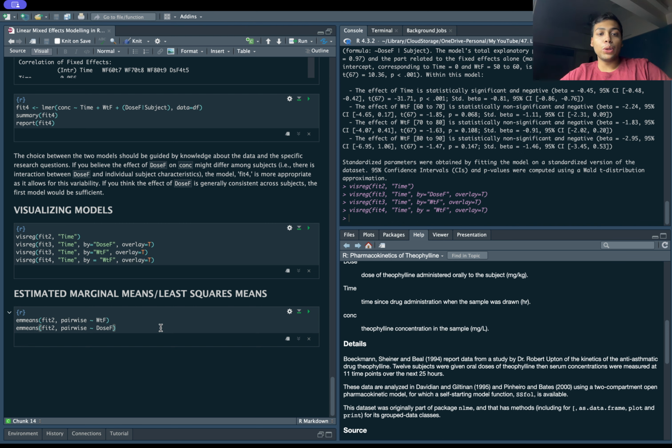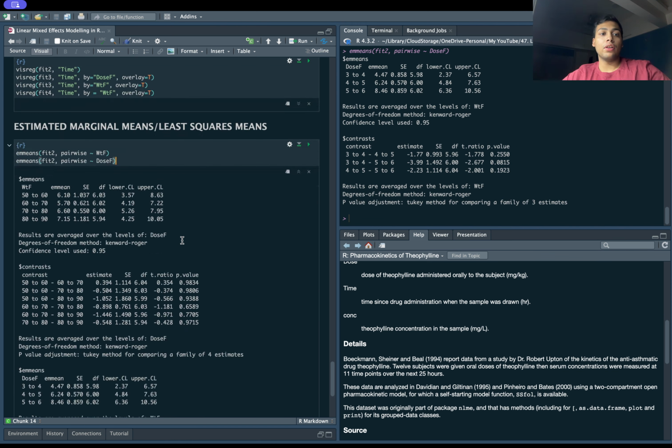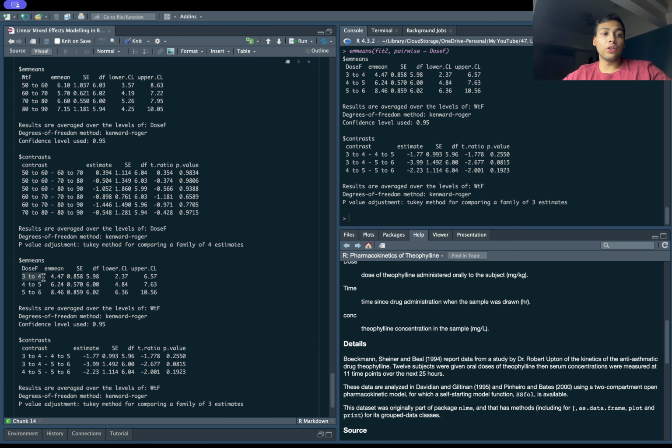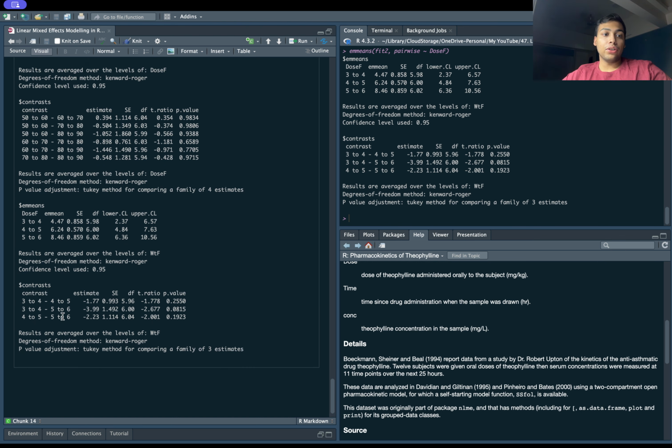So you basically adjust for factors such as time or weight or dose that you have in the model, and you get basically the mean concentration for a certain time point for these body weights, similarly for different doses, and you also get contrasts that are basically the differences in adjusted means, or adjusted mean difference.